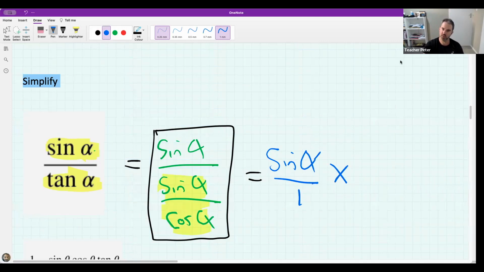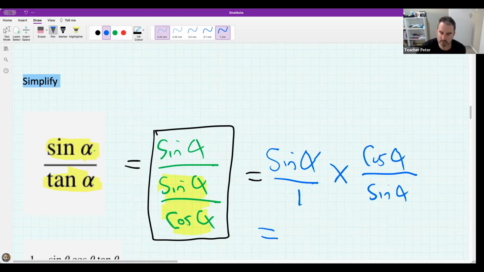I think I can write that over 1. And then if I tip and times it, I'm going to get cos of alpha on the top and sine of alpha on the bottom. And then what are we going to end up with for that in the end? Yeah, Sange, reciprocal. Perfect. What's my final simplification for this going to be? I think we are just going to cancel out those two, and we are left with the cos of alpha.